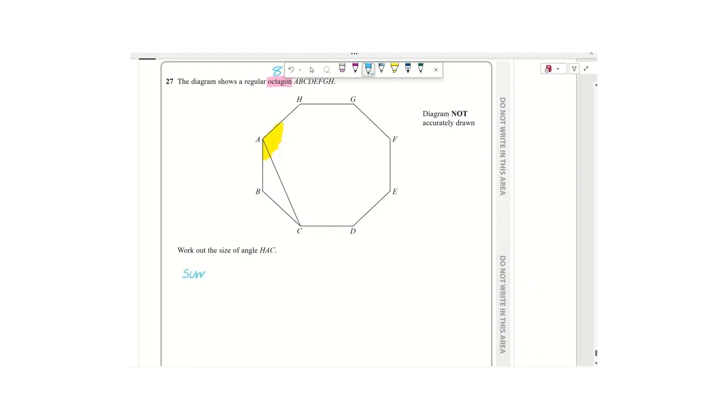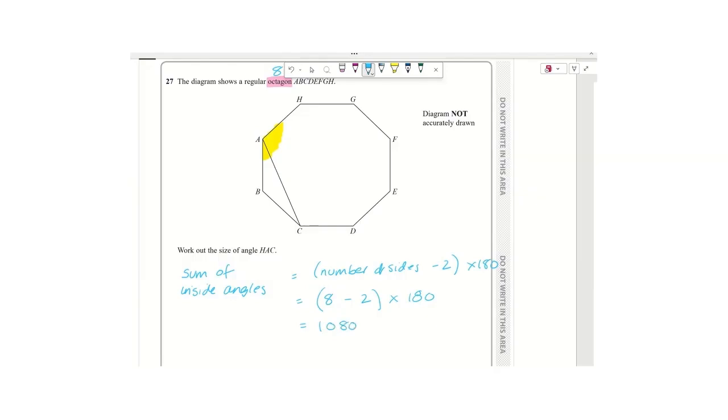The sum of the interior angles is the number of sides, take away 2, and then times by 180. So in this case, we've got 8 sides, and we're going to take away 2, and then times that by 180. So 6 times 180 gives me 1080.